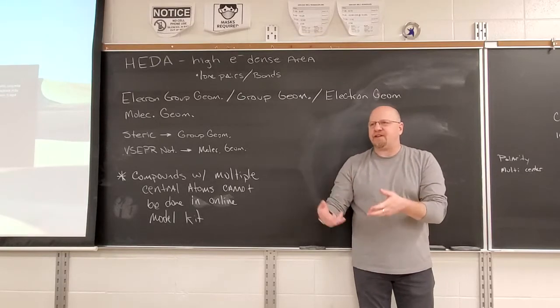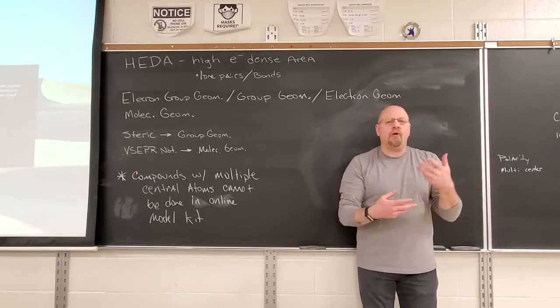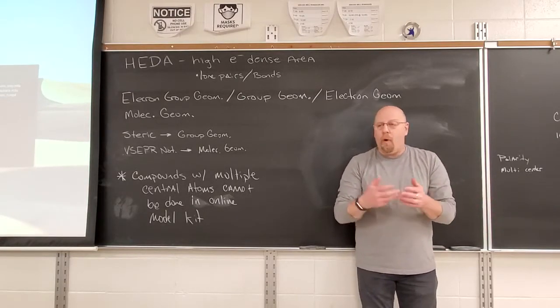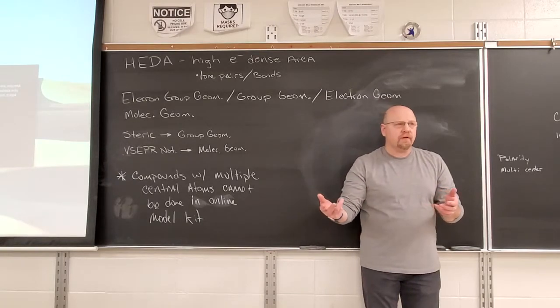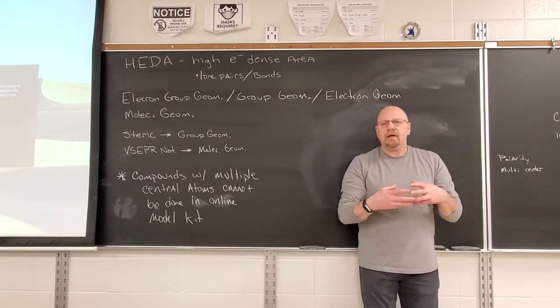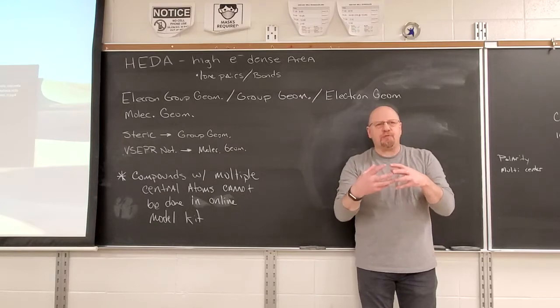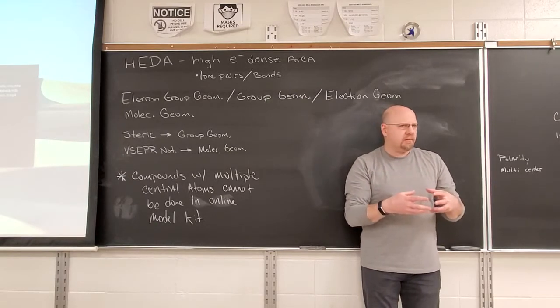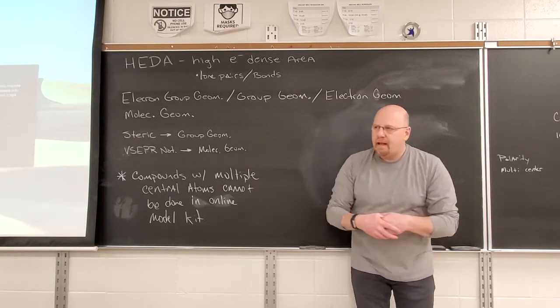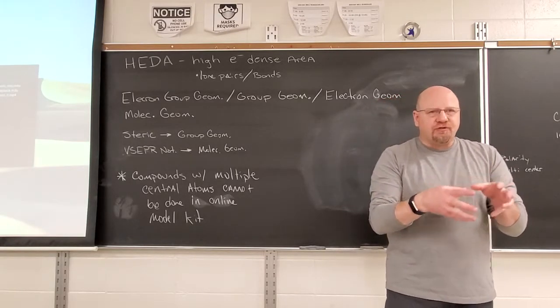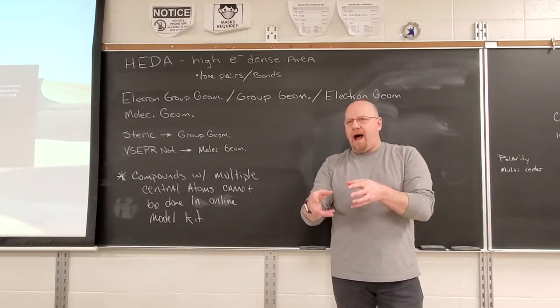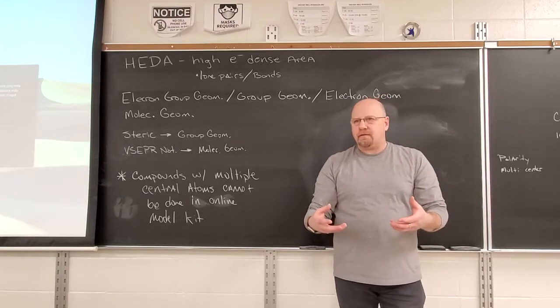We have electrons that covalently bond or exist as lone pairs around the central atom that will give it a three-dimensional structure. That three-dimensional structure is determined by how they repel each other.